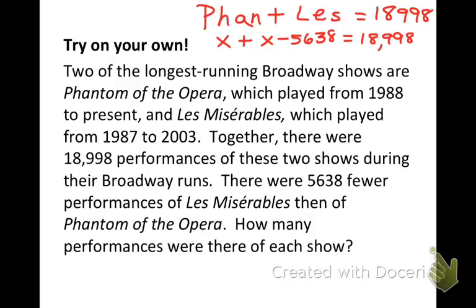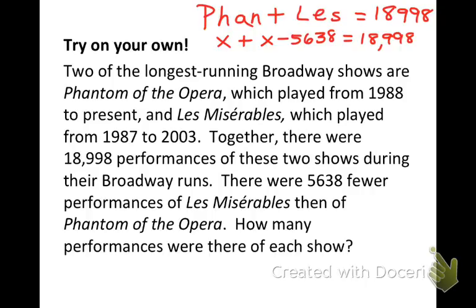The French. Is a combined total of 18,998. It said there were 5,638 fewer performances of Les Mis than Phantom. So there's that expression for your Les Mis. X would be your Phantom. Combine your like terms. 2x minus 5,638 is equal to 18,998.